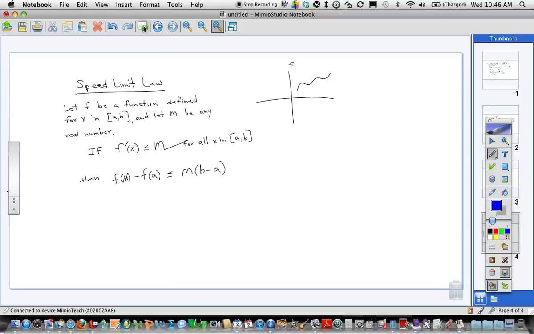But let's just say we got this graph f. Okay? And here's a and here's b. So this would be f of a and this would be f of b. Right? Correct? So this would be its beginning position, and it drove for a while.